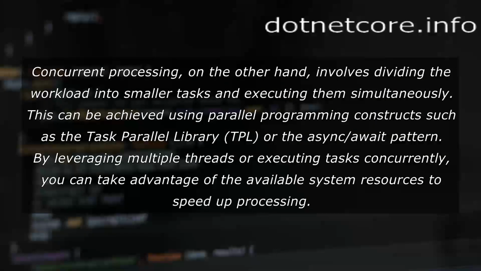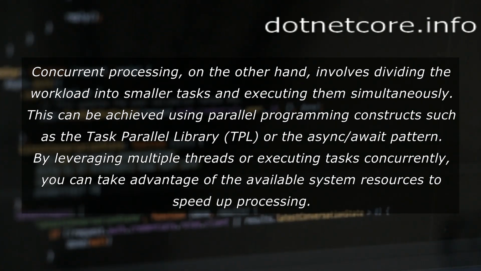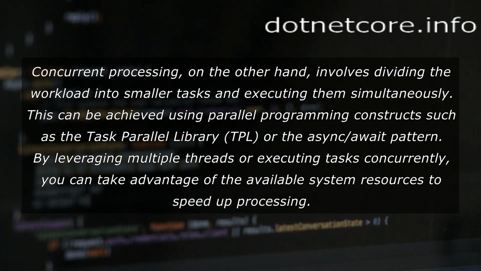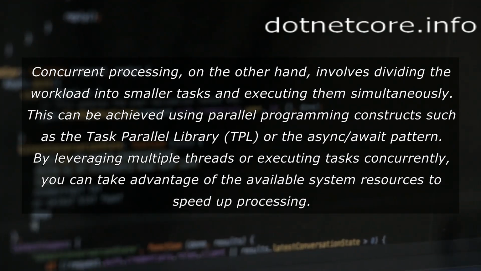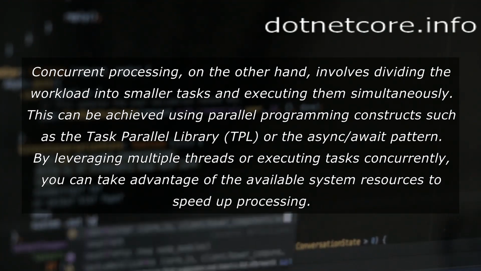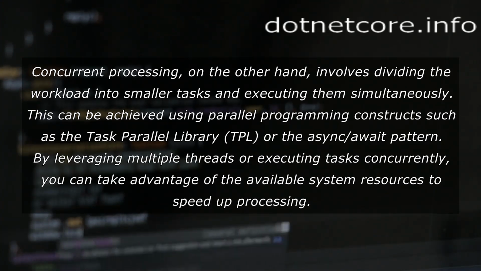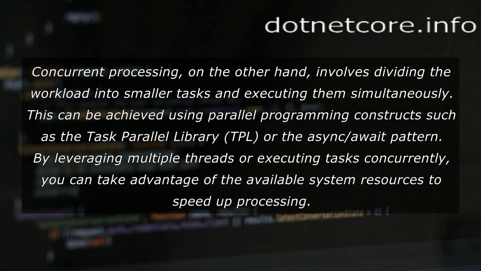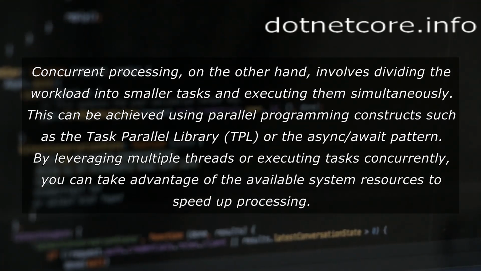Concurrent processing, on the other hand, involves dividing the workload into smaller tasks and executing them simultaneously. This can be achieved using parallel programming constructs such as the Task Parallel Library, TPL, or the async, await pattern. By leveraging multiple threads or executing tasks concurrently, you can take advantage of the available system resources to speed up processing.